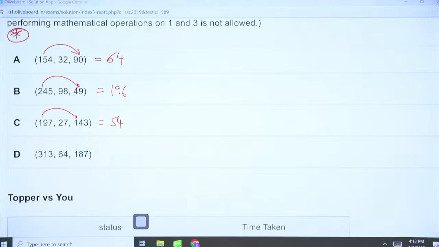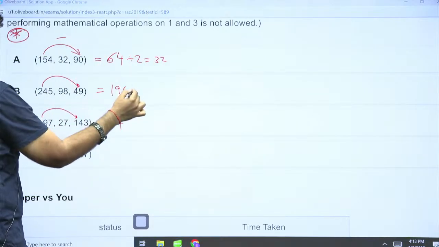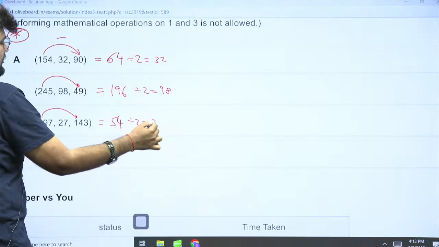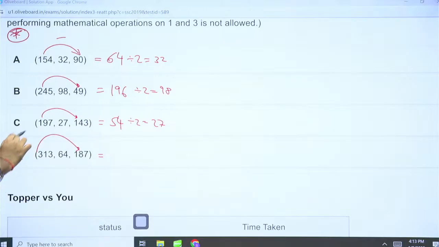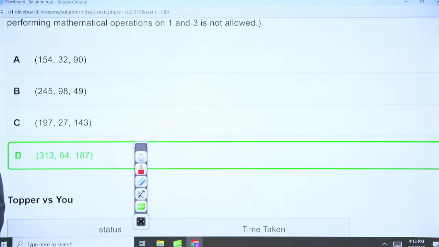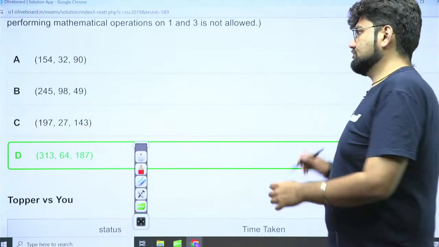Can you connect? The moment you subtract the first and the third number, you're getting double of the middle number. So, you're just dividing this by 2 to get the middle number, that is 32. Divide this by 2 to get the middle number 98. Divide this by 2 to get the middle number 27. But here this is not true. This is not valid in option D. So, option D will be my correct answer or the odd one out. So, difference of the first and third number is double of the middle number.